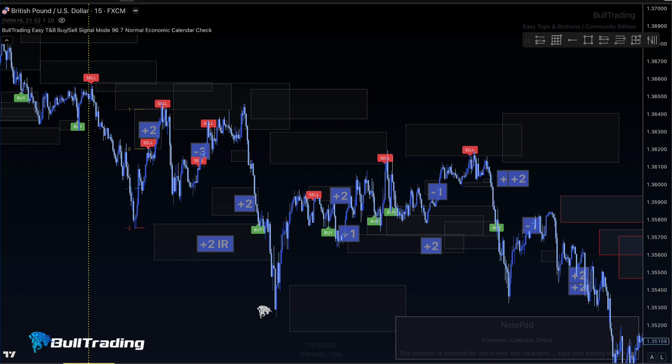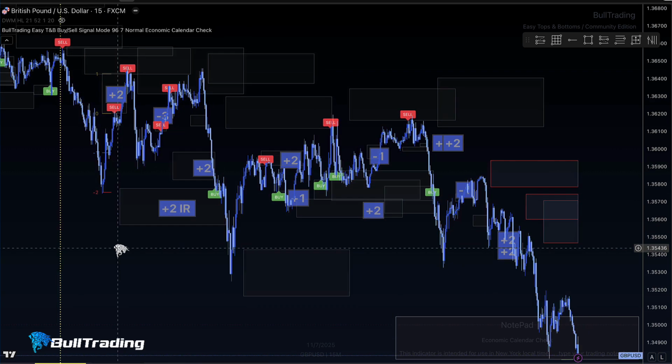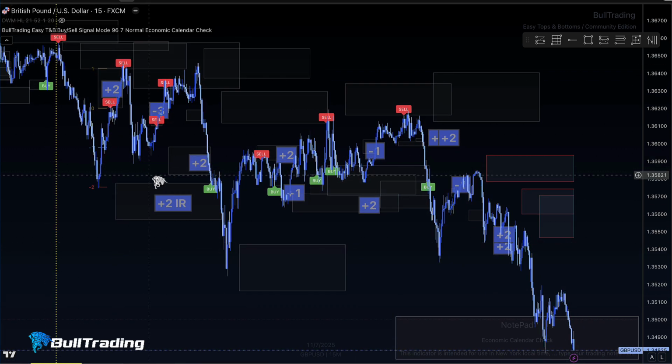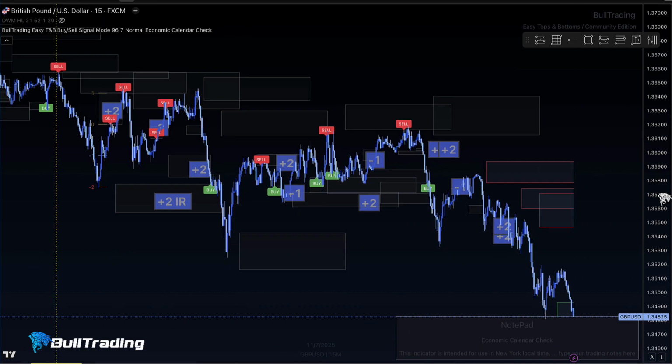I created this free indicator, and honestly, I believe it's the most powerful tool ever created in TradingView for retail traders, and it's free for you. Here we have a yellow line on the pound euro dollar. This represents the previous week.